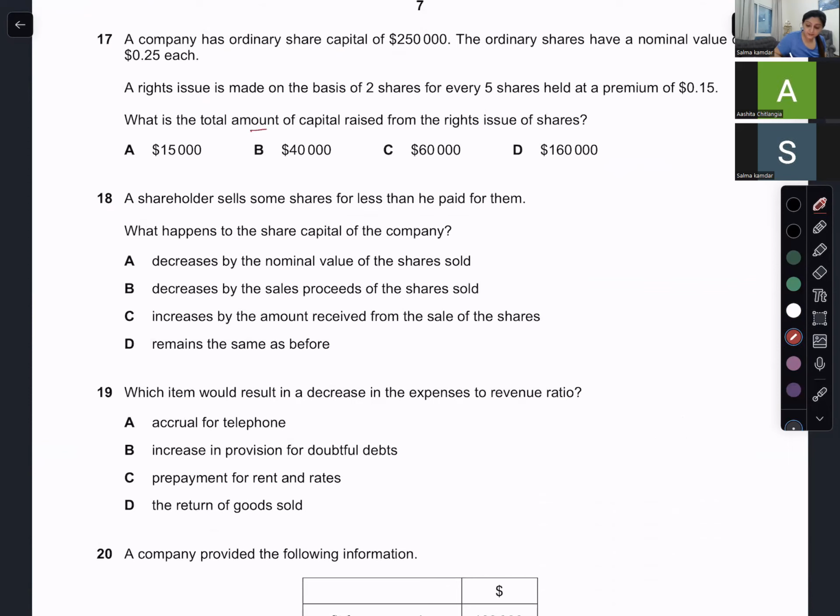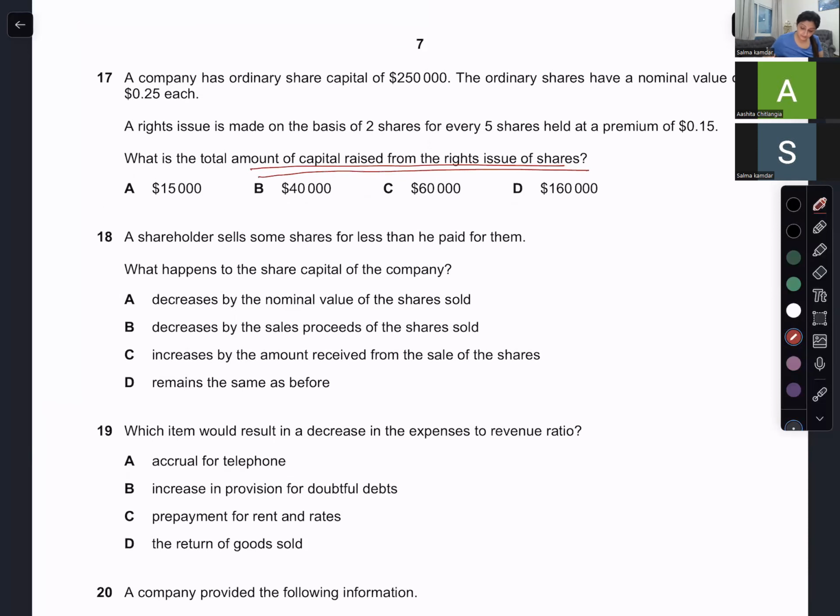A company has ordinary share capital. Total capital raised from the rights issue of shares. Okay, listen. A company had ordinary share capital of 250,000. They have a nominal value of 0.25 each. So 250,000 divided by 0.25. So number of shares is how much? 100,000?